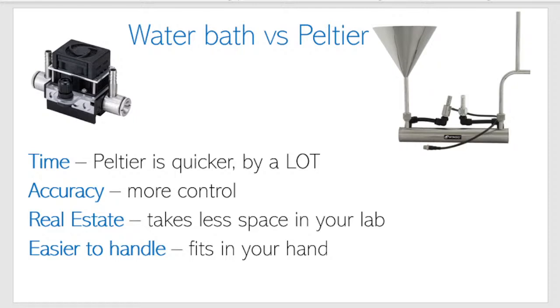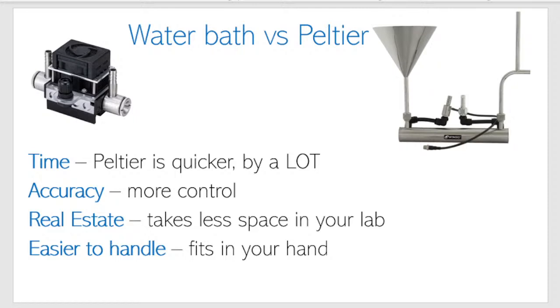A lot of companies are still using it because it's what they've been using for a while. It has some advantages, but it also has a lot of disadvantages compared to the Peltier system. So the Peltier system is, first of all, a lot quicker. The Peltier can quickly control the temperature, whether you're heating or cooling. It can get to the target temperature quicker than a water bath.